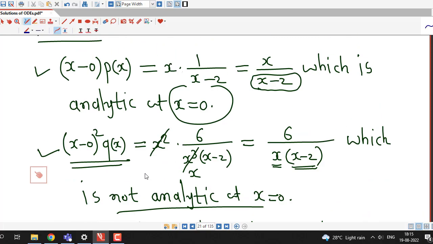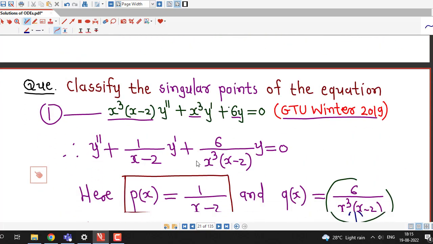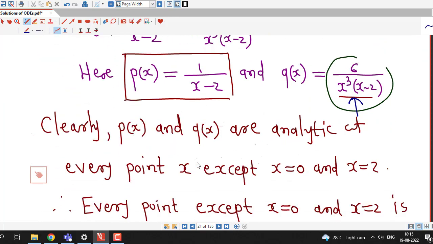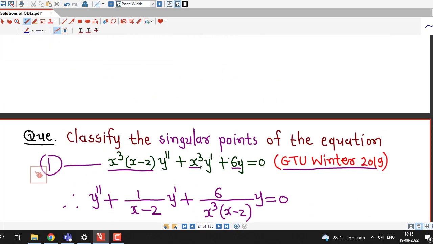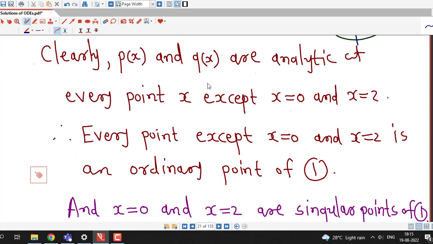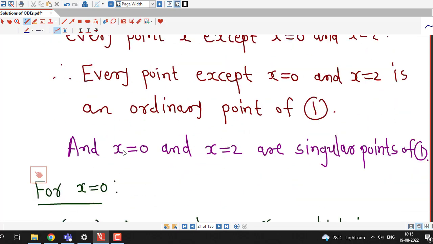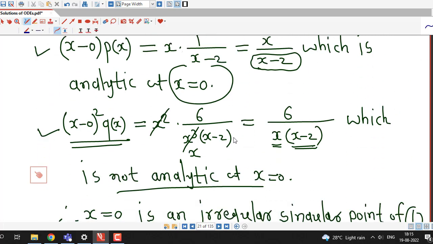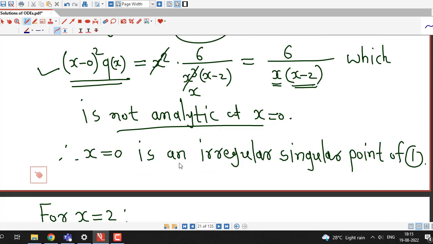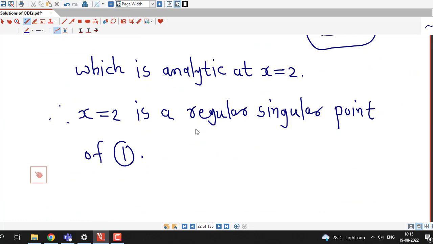So in this way we can easily classify the singular points of the given differential equation. Here we are asked to classify the singular points. So first we decide what the singular points are. Here singular points are x equal to 0 and x equal to 2, and we find that x equal to 0 is an irregular singular point and x equal to 2 is a regular singular point.